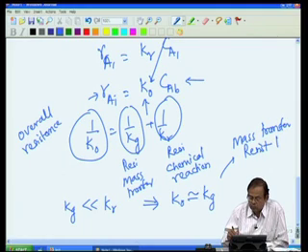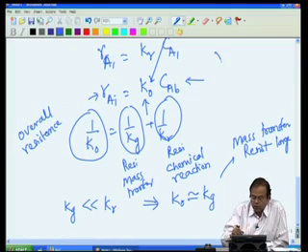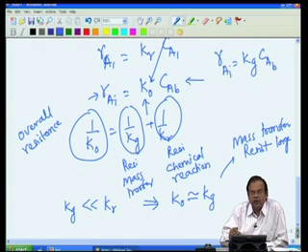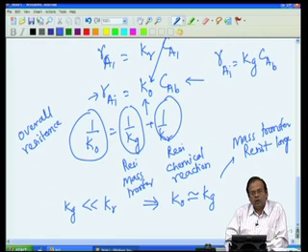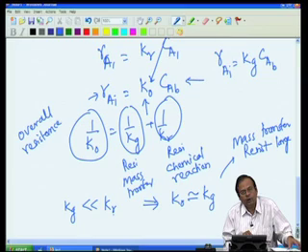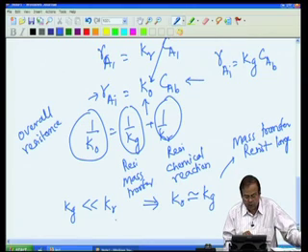Which implies, what does it imply? So, if you go back to our reaction rate, RAI is K naught into CAB, it is actually Kg into CAB. So, the rate constant that we will measure is not the reaction rate constant Kr, but the overall mass transfer coefficient if mass transfer process is very slow compared to the chemical reaction.